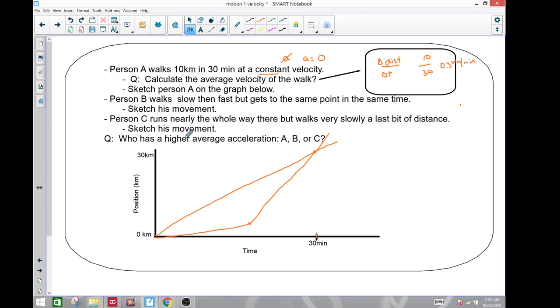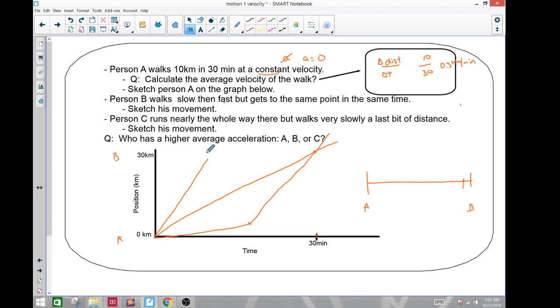Person C runs nearly the whole way, but walks very slow the last bit of distance. So let's say runs, so it's going to get there pretty quick, but then just walks. Now I'm almost there. Remember, this is on a line, and we could say that this is point A, and let's say this is point B. So this last person C is like right here.